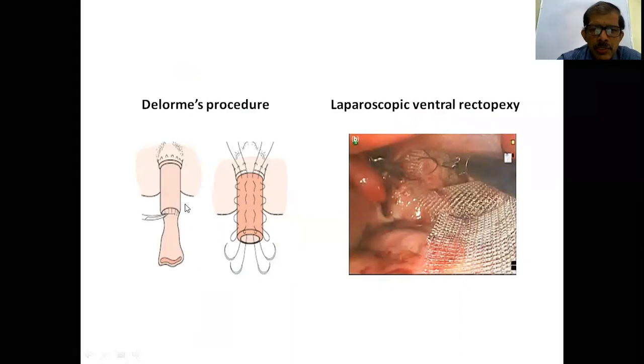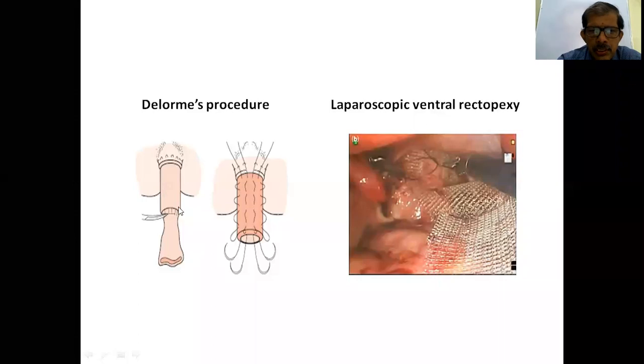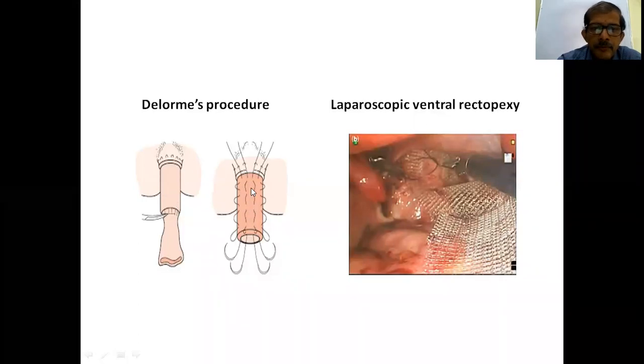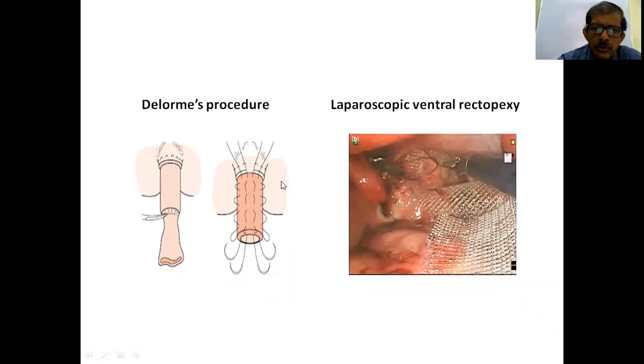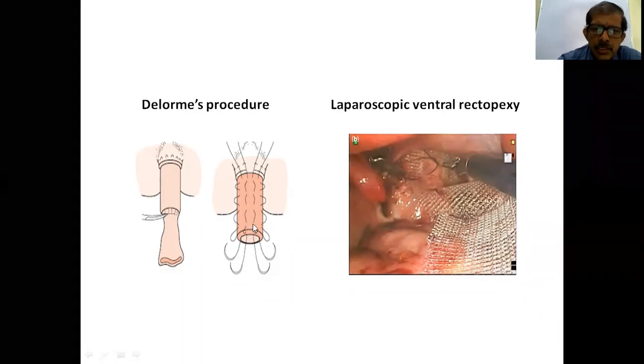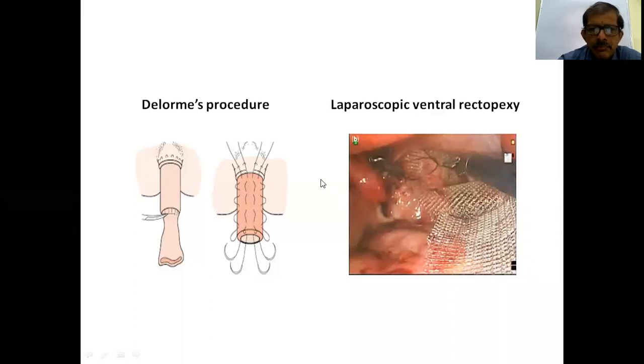Then this is Delorme's operation, where mucosa is removed, and then there is stitching of the musculature of the rectum, so that when it is tied, there will be a concertina effect, and this is the mesh which is placed to prevent the descending down of the rectum.